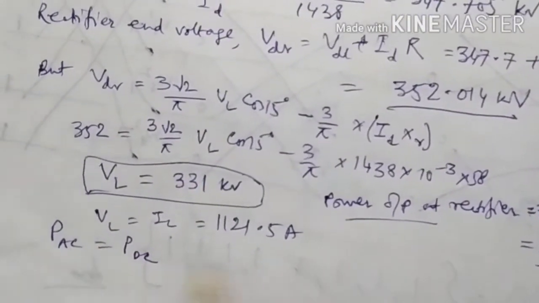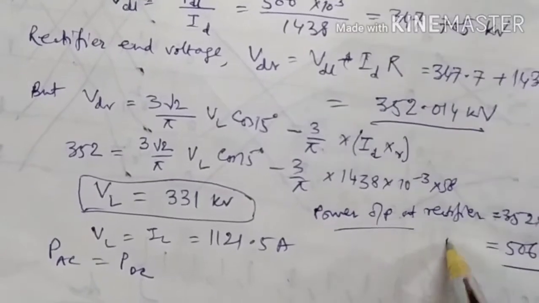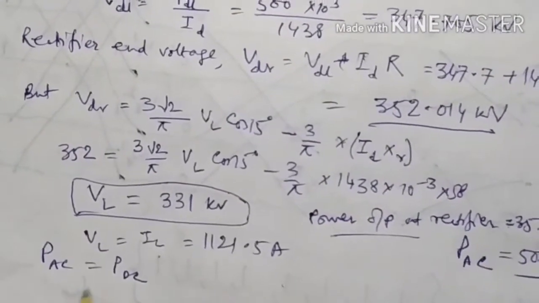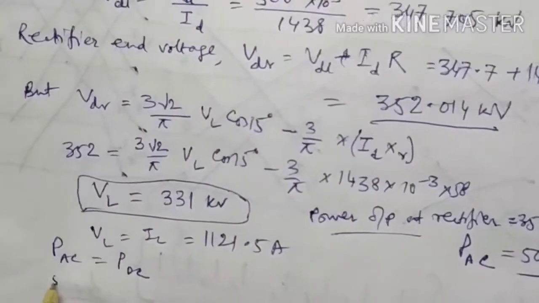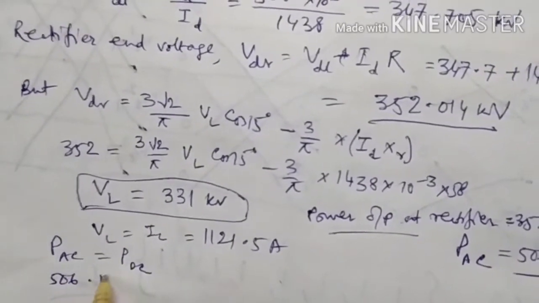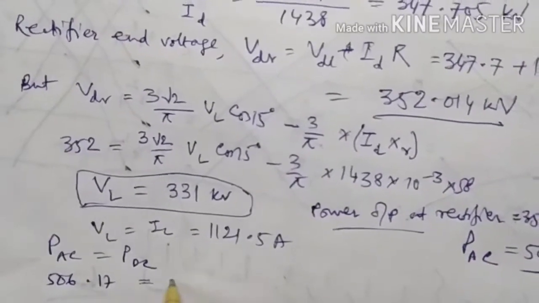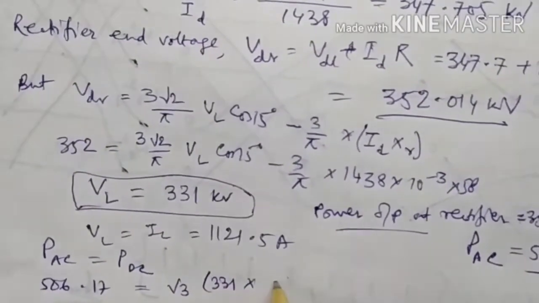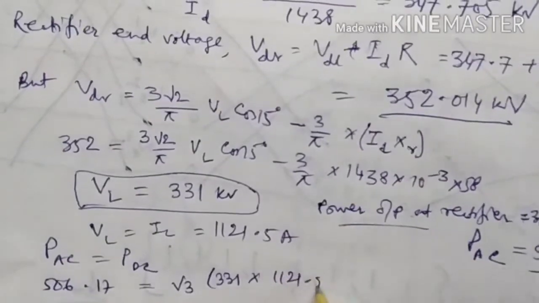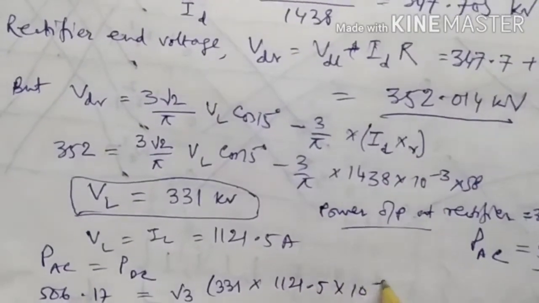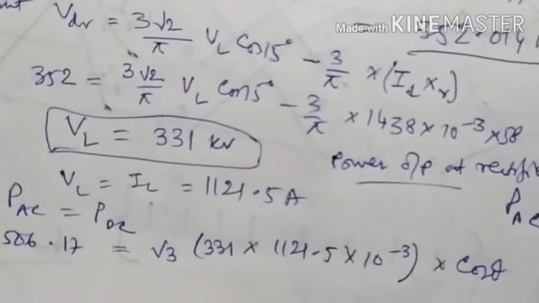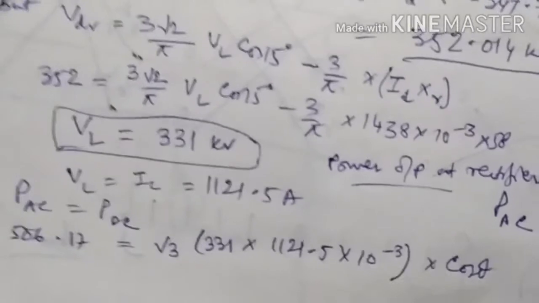So the PAC value at the rectifier end will be equal to 506.17, which equals root 3 into 331 into 1121.5 into 10 to the power minus 3 into cos theta. That cos theta is the power factor.